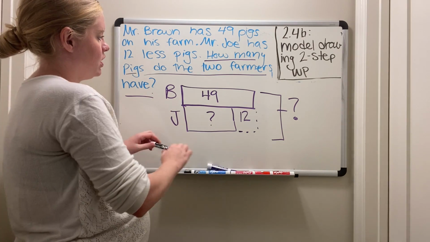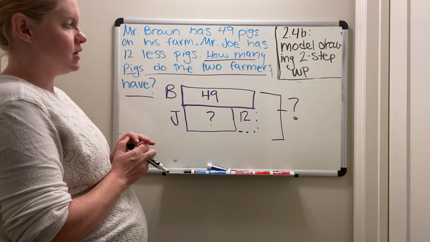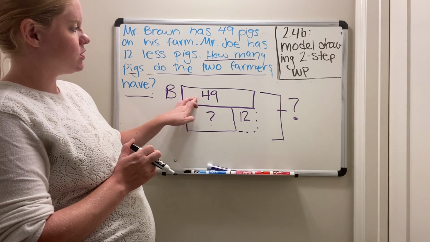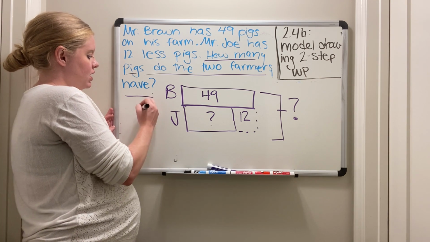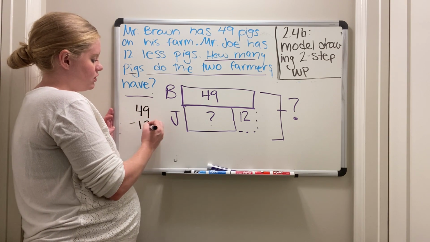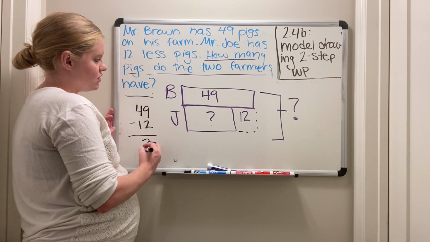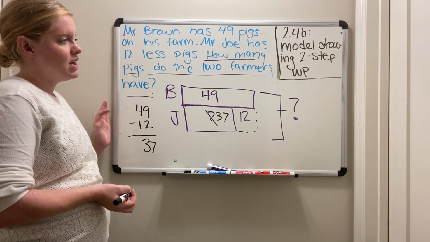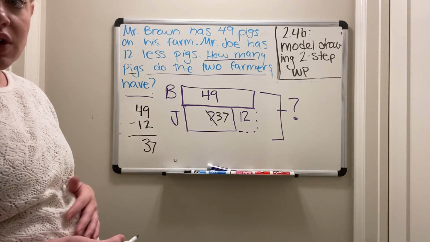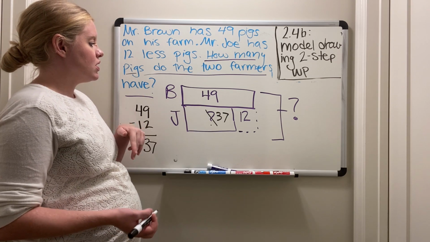Okay. Now, how would we find out how many Mr. Joe has? We'd find the difference between 49 and 12. Do 49 minus 12. 9 minus 2 is 7. 40 minus 10 is 30. So Mr. Joe has 37 pigs. Are we done? No. So now we know that Mr. Brown has 49. Mr. Joe has 37.